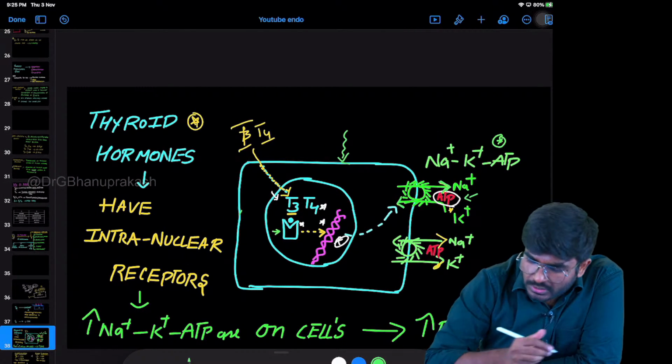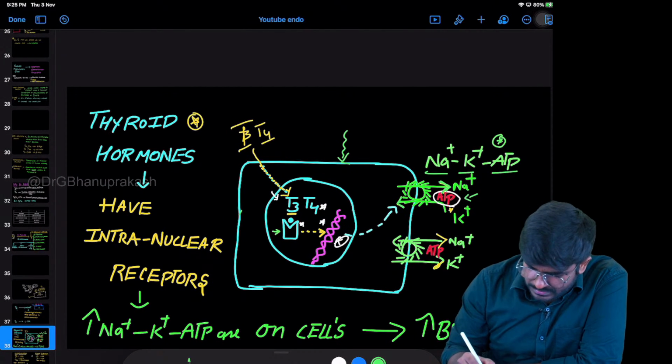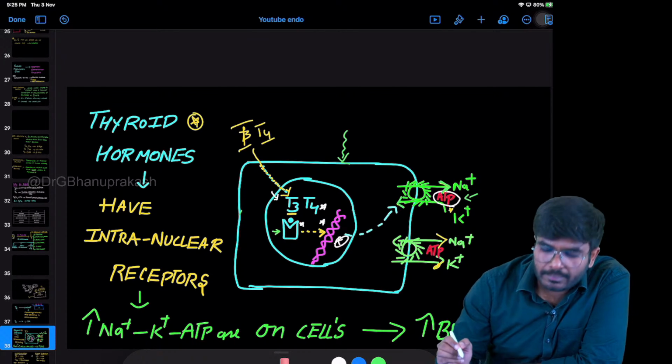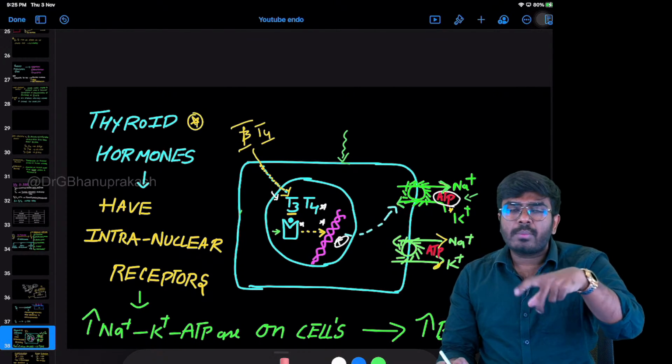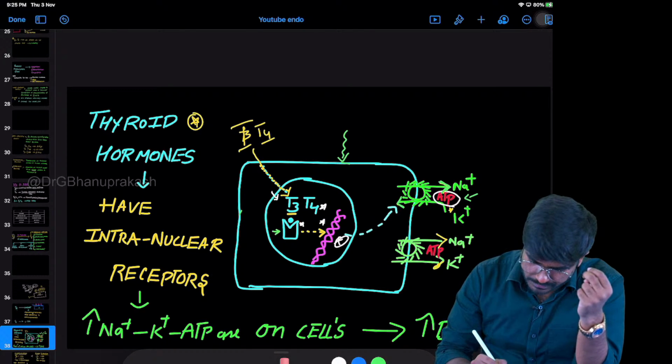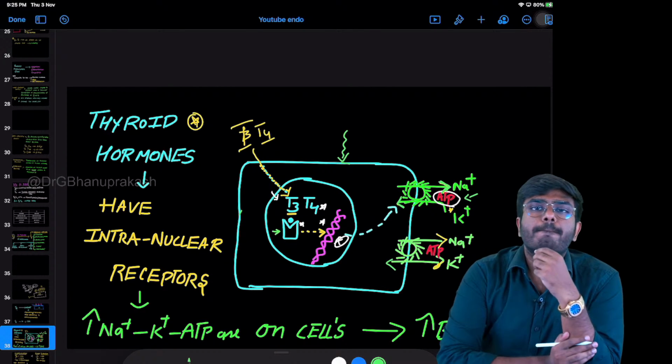What is the name of the transporter? Sodium potassium ATPase. Sodium potassium ATPase is present on each and every cell in your body. Normally here in this cell, I am showing you 2 sodium potassium ATPases.